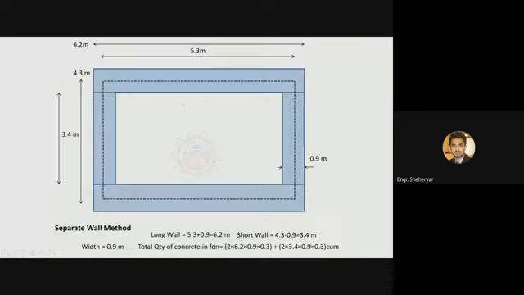Okay. Now let's discuss how you will measure the lengths of the long walls and the length of the short wall. Okay, consider this plan view of a single room.